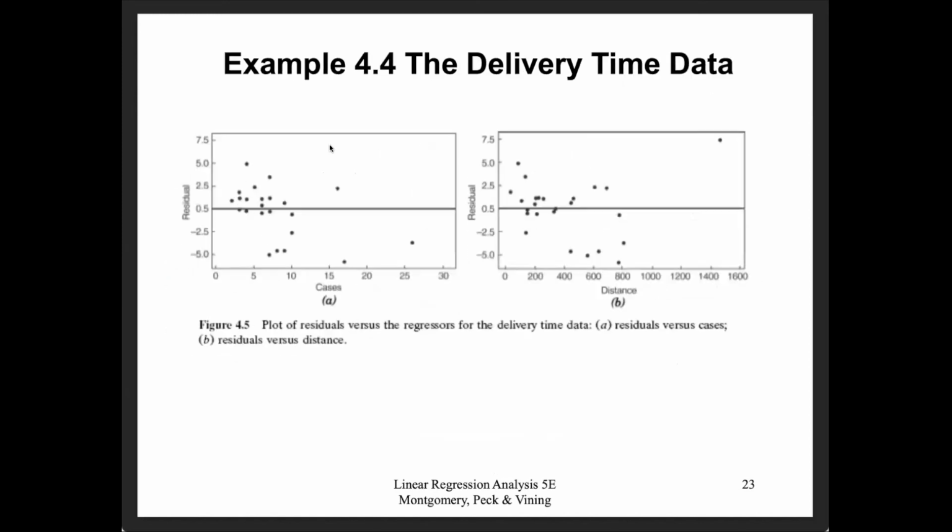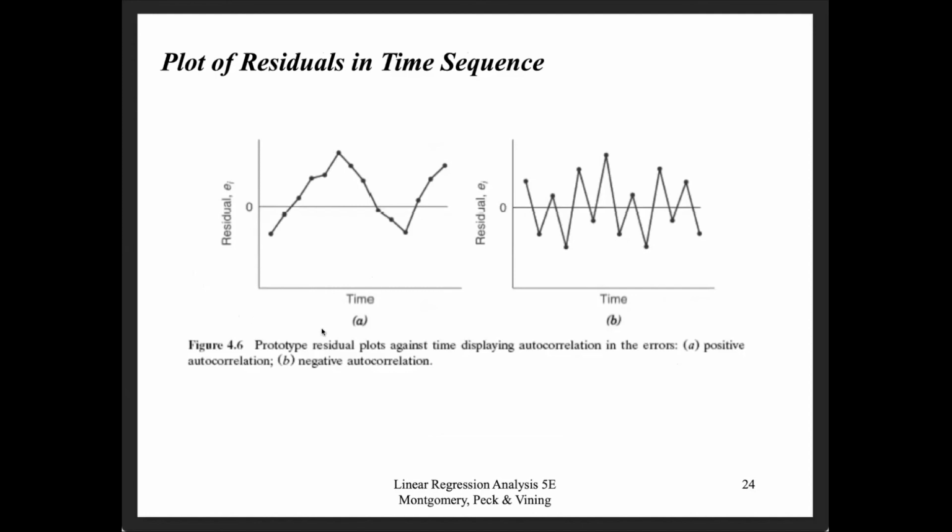But if we see something like either of these two graphs, then if we see graph A, this would indicate that there's a positive autocorrelation amongst the residuals and amongst the error terms. And if the error terms are correlated, then they're certainly not stochastically independent.